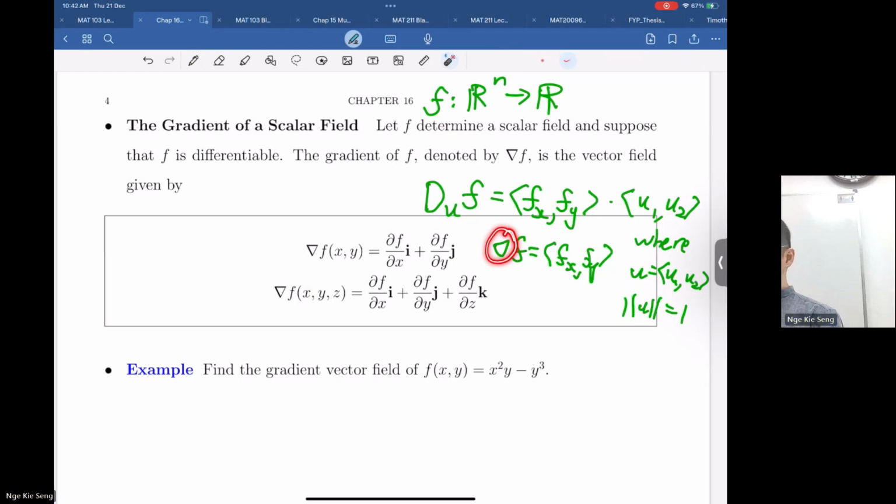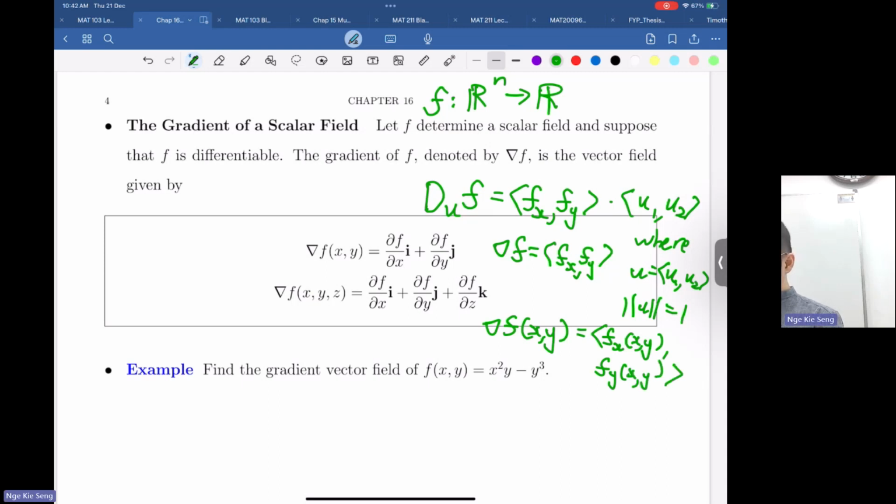What does del do? I feed in a function, and it gives me a vector. I can evaluate my gradient at a point x, y. Meaning I feed x, y into del f, and it gives me a vector.